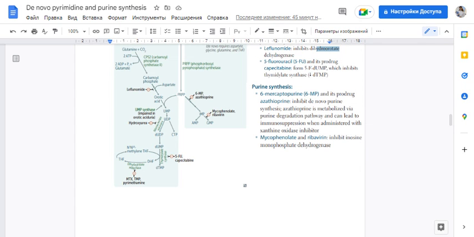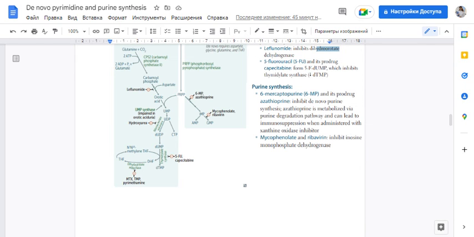This path is high yield because we have to memorize that thymidylate synthase is inhibited by 5-fluorouracil as well as capecitabine.